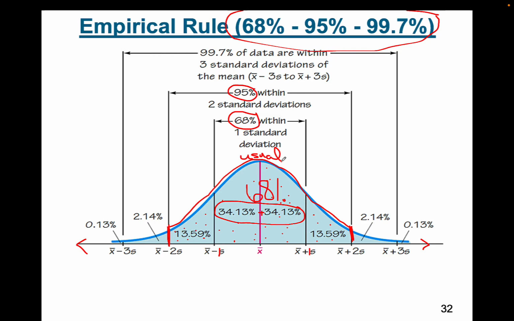If we go an additional standard deviation outside of the mean, so we've got some data values further away, if we go 3 standard deviations out, we have captured approximately 99.7% of that normally distributed data.